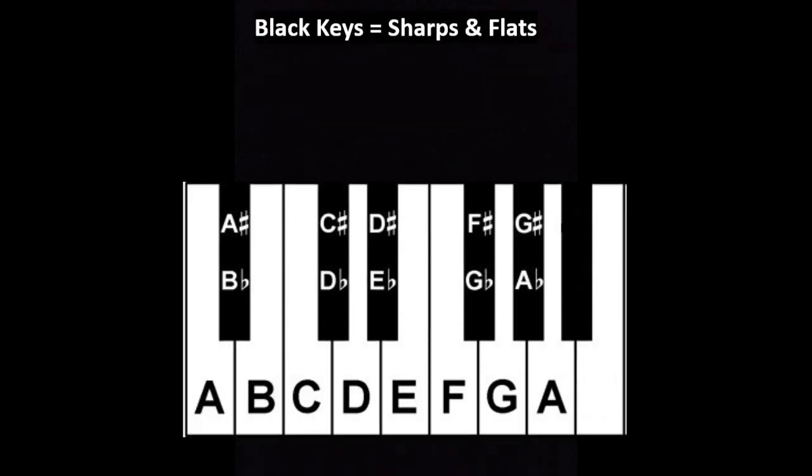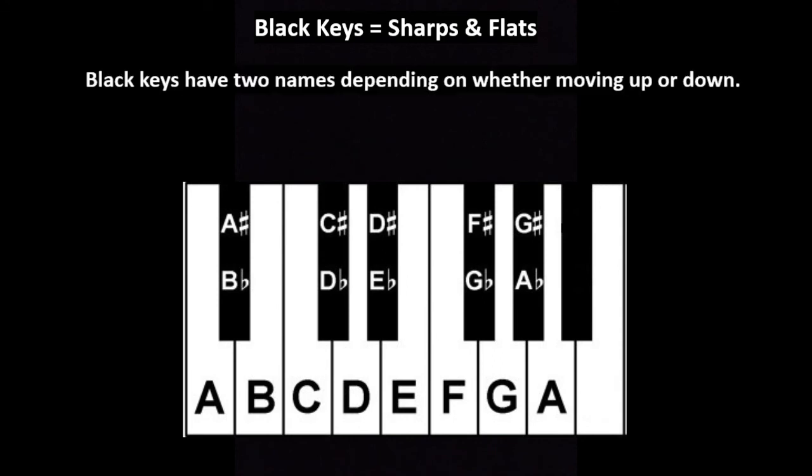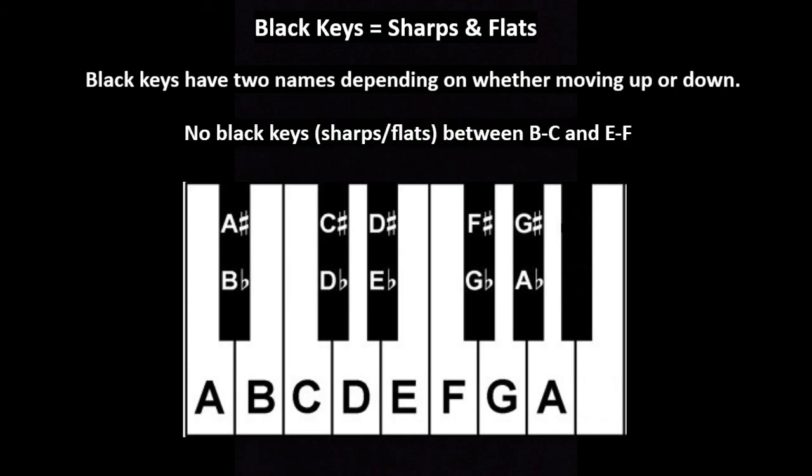As you can see, the black keys on a keyboard are the sharps and flats. And yes, each black key has two possible names, depending on whether you are moving up in pitch or down. Notice there are no black keys, sharps or flats, between notes B and C and E and F. You can also think of each piano key as a fret on a guitar.